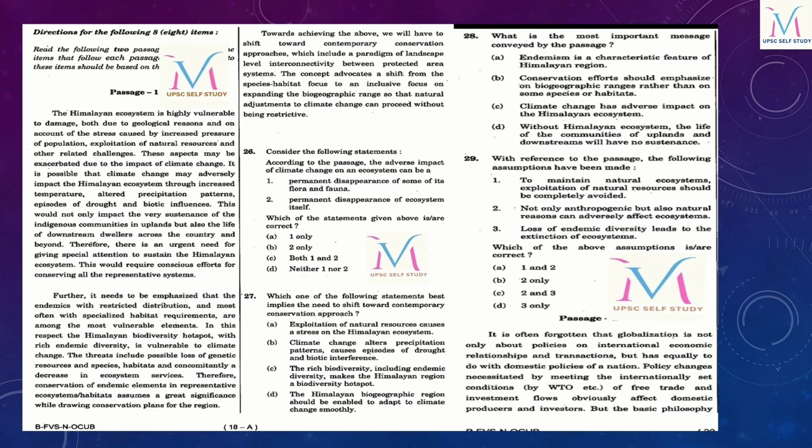I have gone through the passage, and you also give one reading to this, and I will go directly to the questions. For question number 26, according to the passage, the adverse impact of climate change on an ecosystem can be a permanent disappearance of some of its flora and fauna.